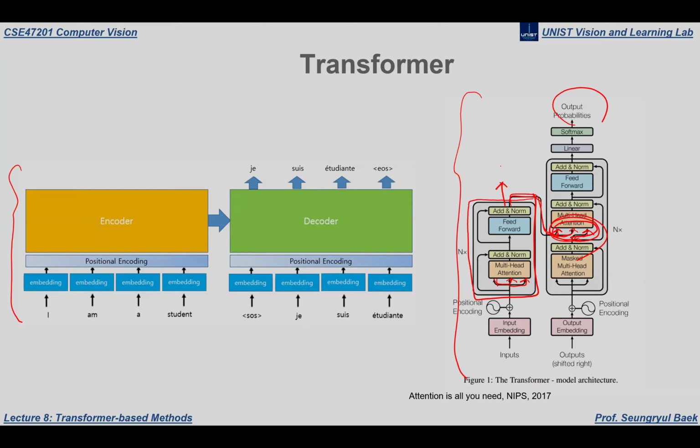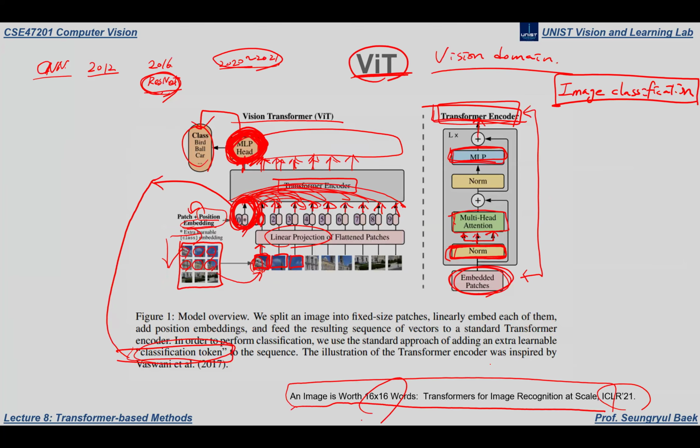They just output class probability using only this encoder architecture. Okay, that's the vision transformer. Because image classification is quite simple, they don't need a complex architecture, but they get good results compared to state-of-the-art CNN-based architectures. So the vision transformer is replacing the CNN-based baselines.